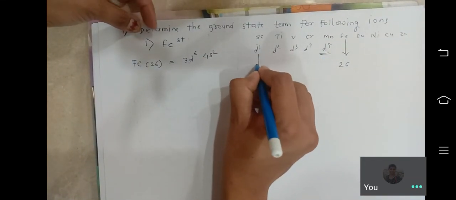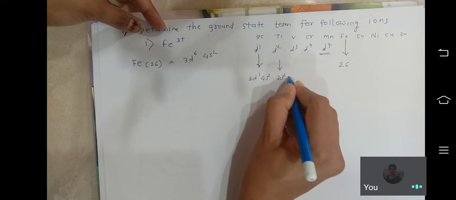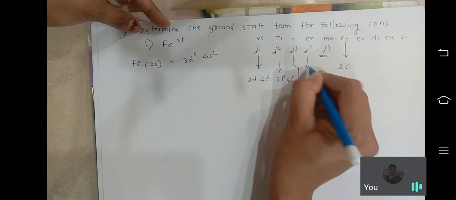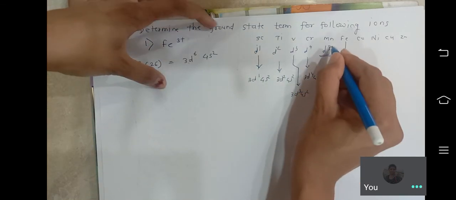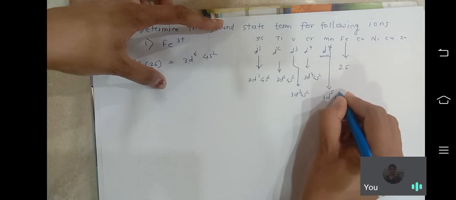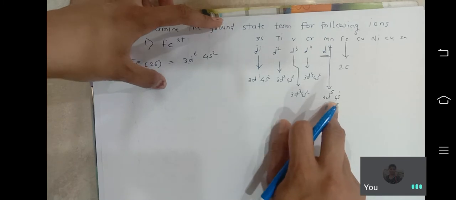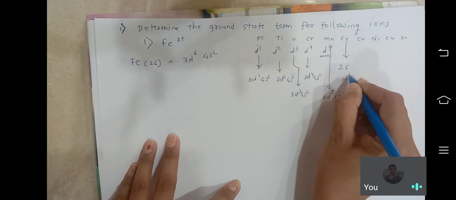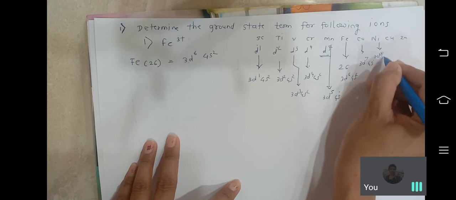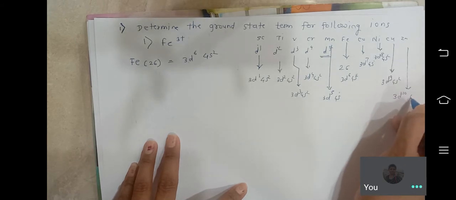See here, scandium 3d1 4s2, titanium 3d2 4s2, vanadium 3d3 4s2, chromium 3d4 4s2, Mn 3d5 4s2, then iron, not 5, 1 2 3 4 5, here 3d6 4s2, cobalt 3d7 4s2, nickel 3d8 4s2, copper 3d9 4s2, and zinc 3d10 4s2.